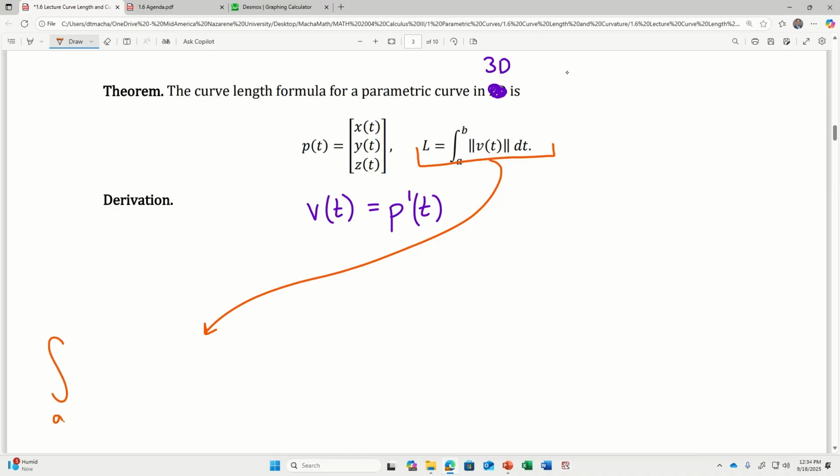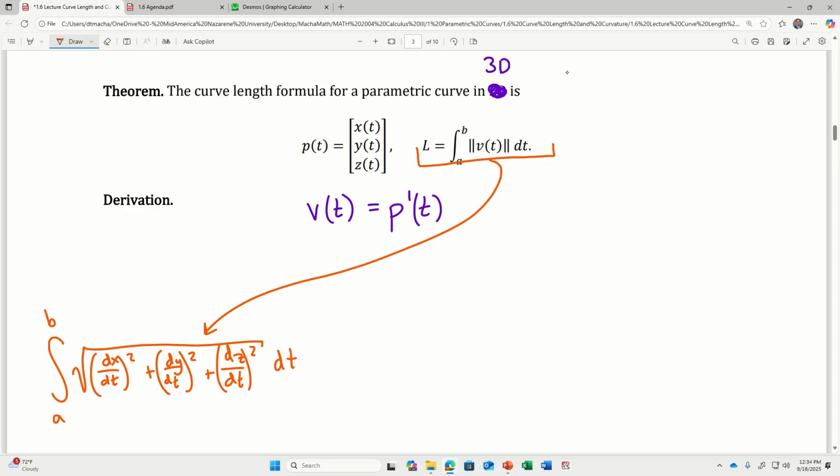on the one hand, it might just look familiar to you if we expand this out a little bit, because this is the derivative of x with respect to t squared plus the derivative of y with respect to t squared plus the derivative of z with respect to t squared, dt.